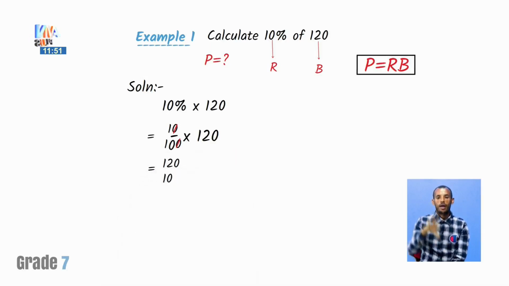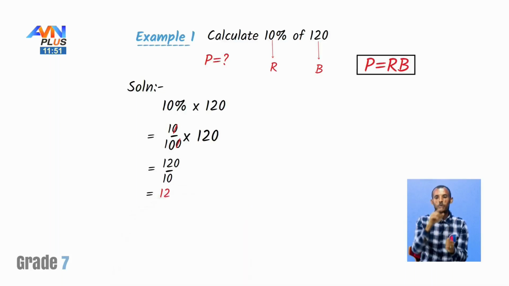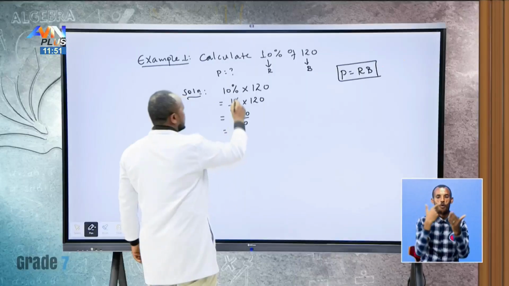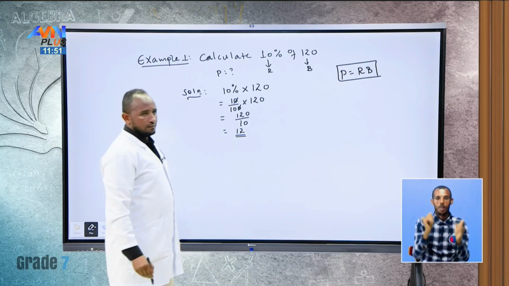Again, here you have 120 over 10. Cancel out, you will have 12. Therefore, 10% of 120 is 12.